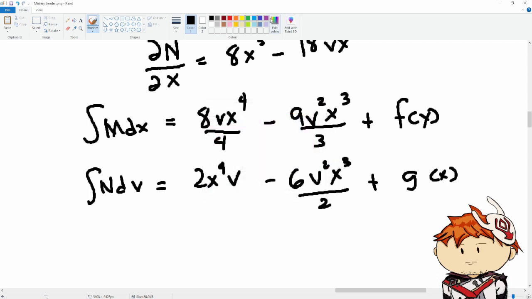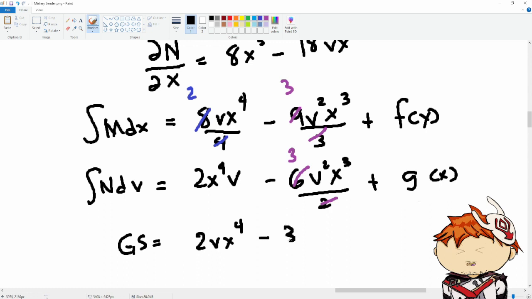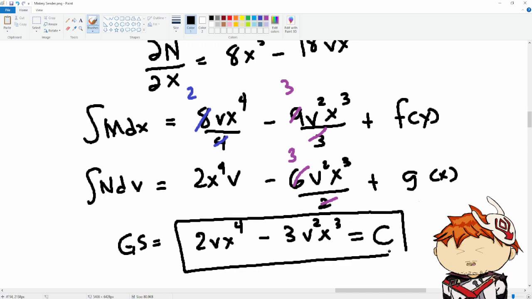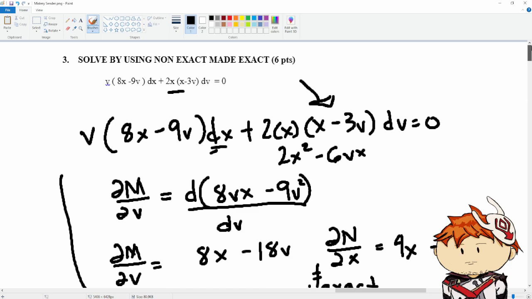This will become 3, and this will become 2. So basically, our general solution is now 2vx to the 4th minus 3v squared x cubed is equal to c. This is now our general solution to our non-exact equation made exact.